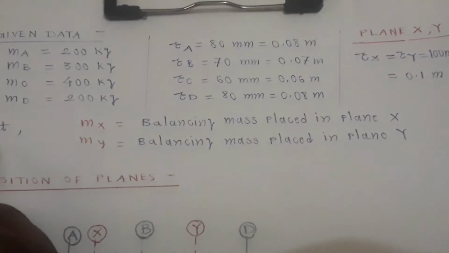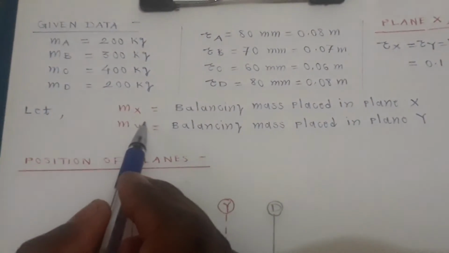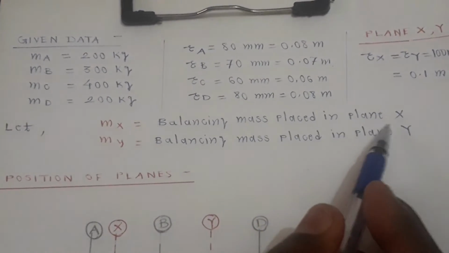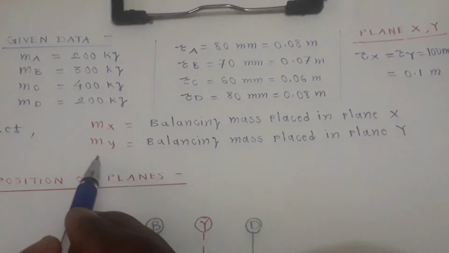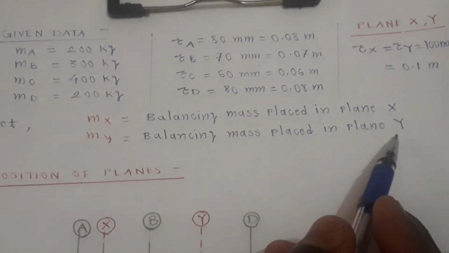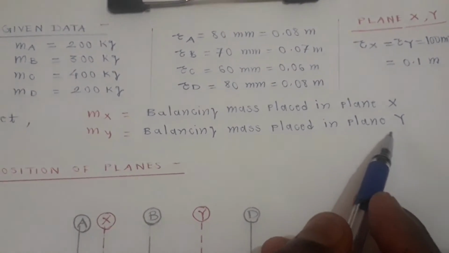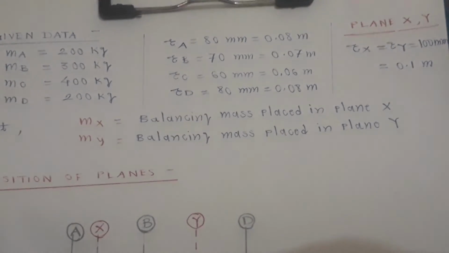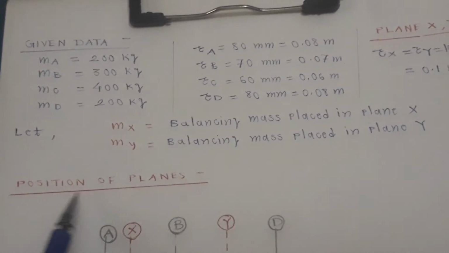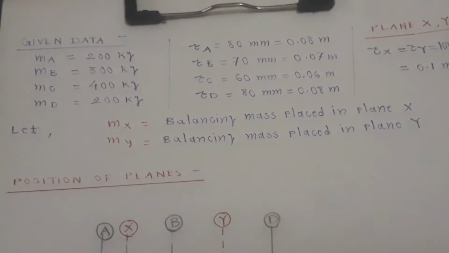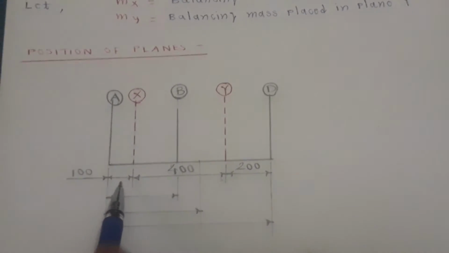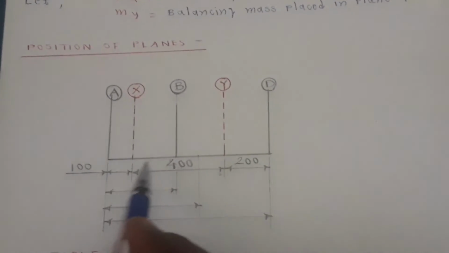Now let us consider Mx as the balancing mass placed in plane X, whereas My is the balancing mass placed in plane Y. Considering this, first we have to complete the diagram showing the positions of planes. So here we have drawn a simple sketch with respect to the position of all the planes.